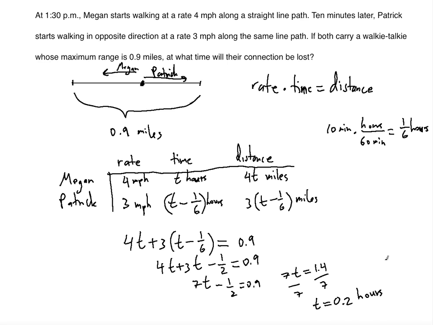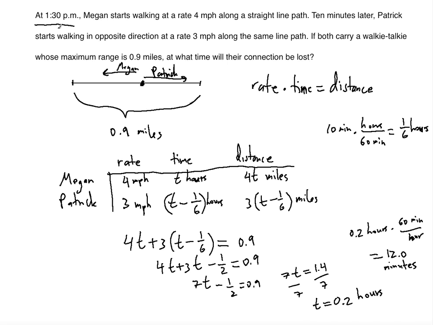Now be careful, it says 0.2 hours, right? So we don't know what this is, we have to convert it. So let's convert 0.2 hours times 60 minutes per hour. So 60 times 0.2 is going to be 12.0 minutes. Now this is the time after 1:30 p.m., right?